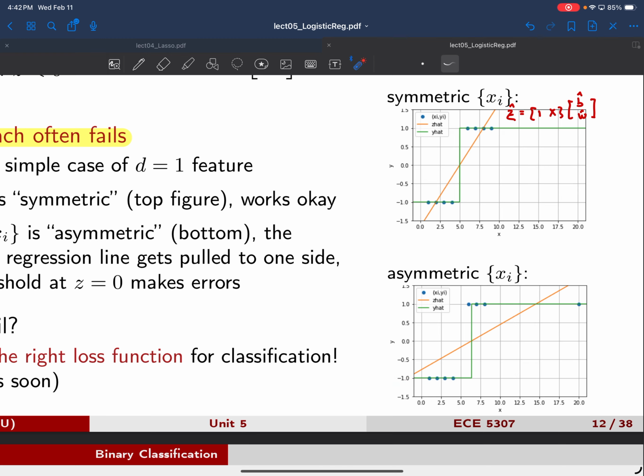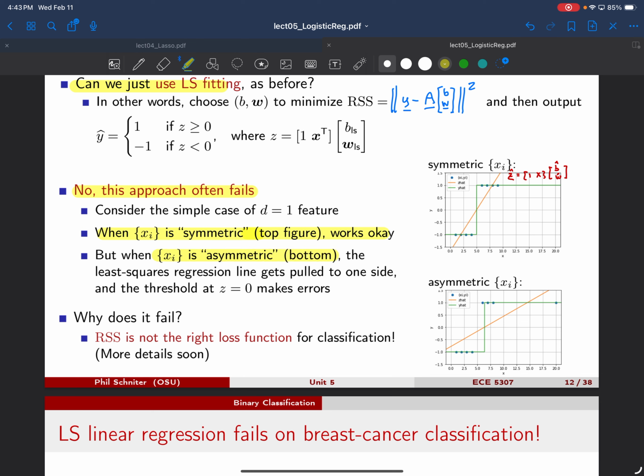Okay. So what we see here is that when the features are symmetric in the feature space, everything works well. But when the features are asymmetric, meaning these are clustered like this and these are spread out wide, things seem to fall apart with this least squares training approach.